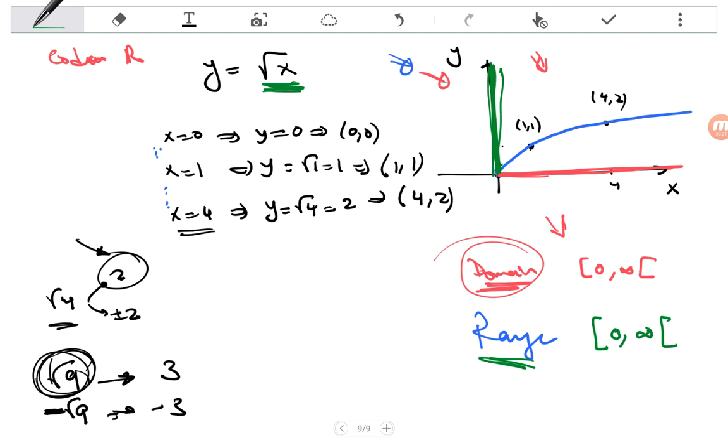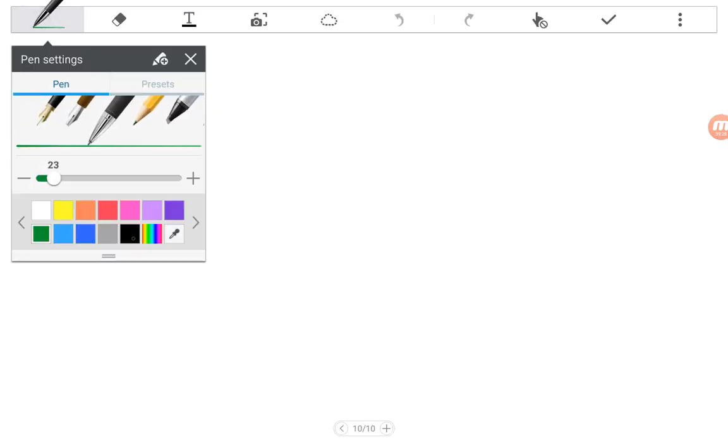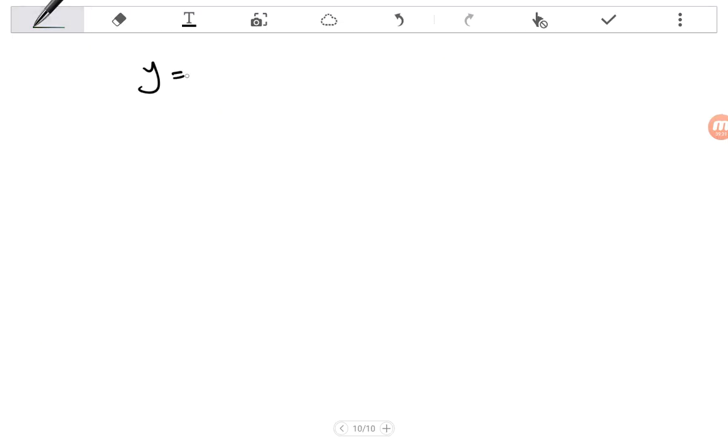Now, if I give you this function, y is equal to root x, and I tell you that x is greater than 1, and let's remove the equal also.